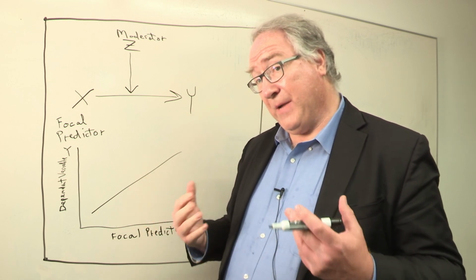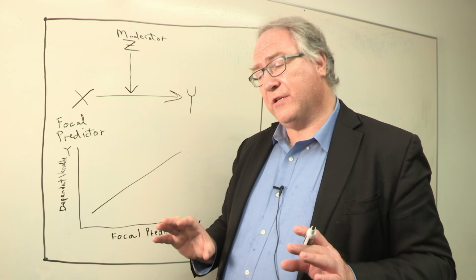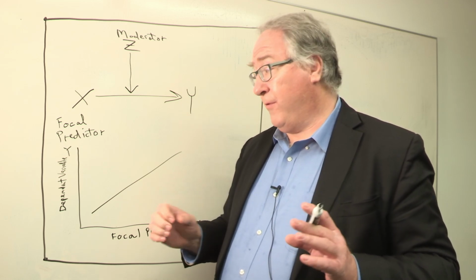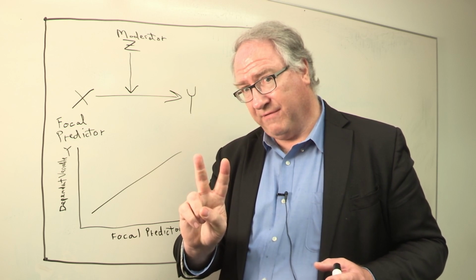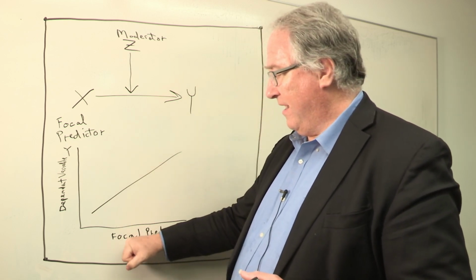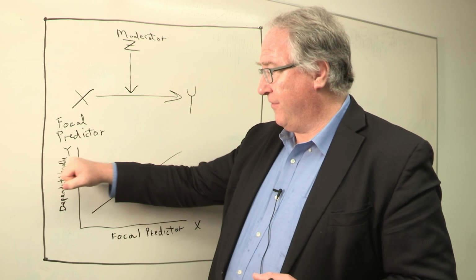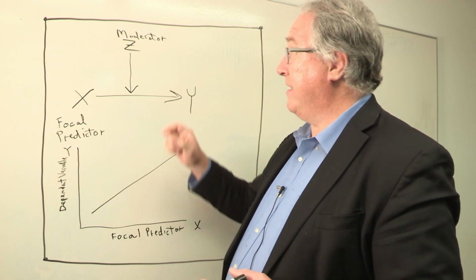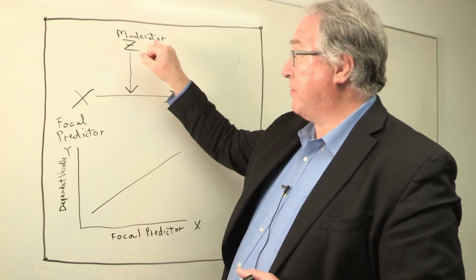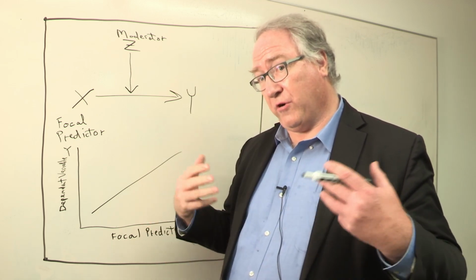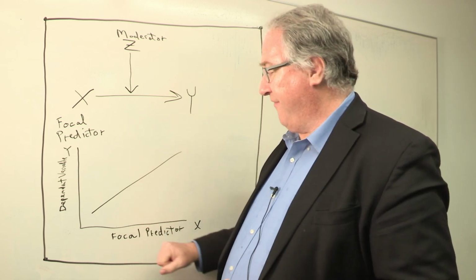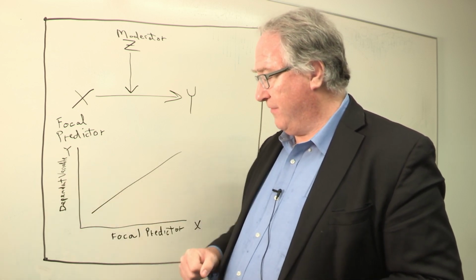And in fact, in the example that I'm going to give you, we're going to test to see if rather than one effect, we actually have two effects of the focal predictor on the dependent variable, depending on the particular status of our moderator, z. So now we're adding some complexity to our understanding of the effect of the focal predictor on the dependent variable.